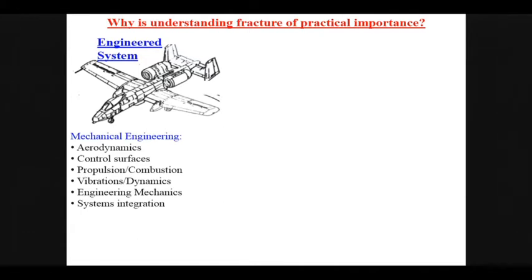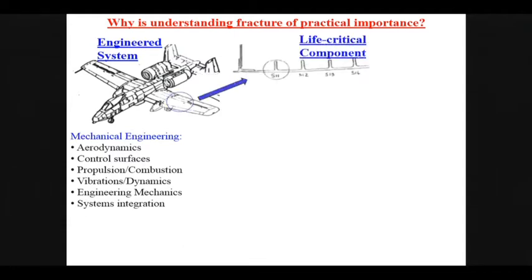But it turns out that what makes this particular airplane fall out of the sky is the wing, which is made out of a big piece of aluminum that's then cut out into these shapes, and these struts inside the wing are actually the life-critical component.